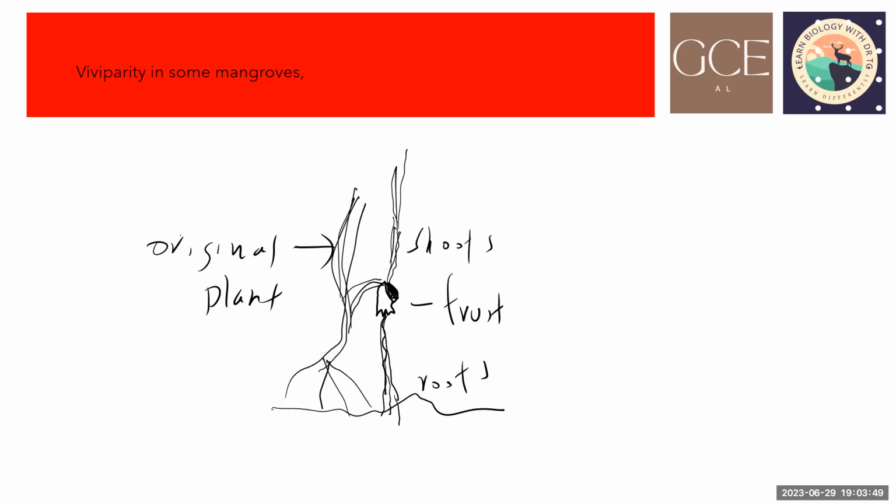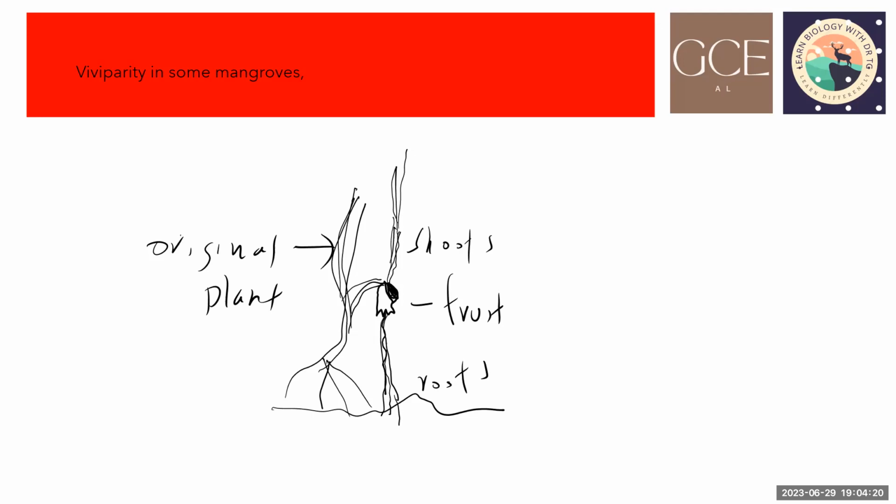Because if the seed falls into the water, because of the salt content and low oxygen content, it is difficult to germinate. So they have this adaptation, germination happens and the growth happens as it is attached to the plant. The fruit is still attached to the plant and it makes a new plant now. This is called viviparity of mangroves.